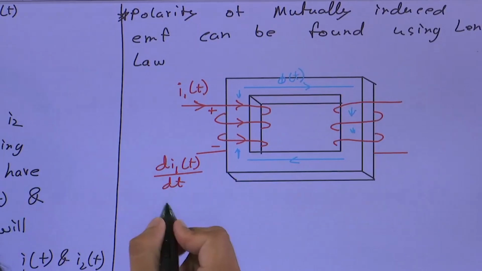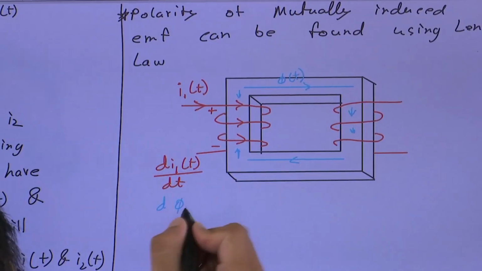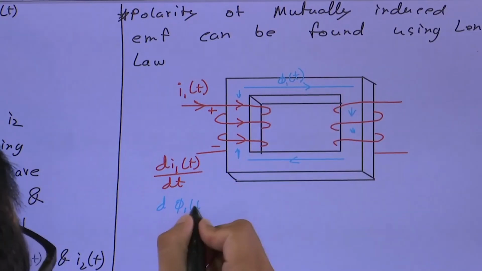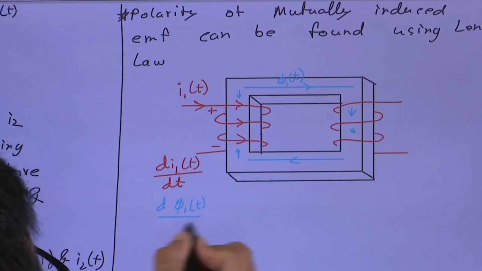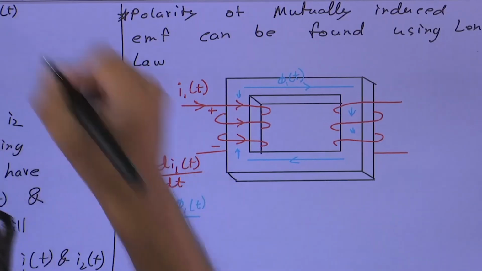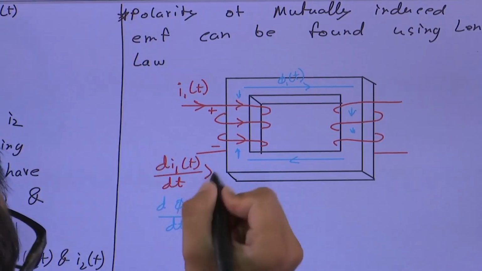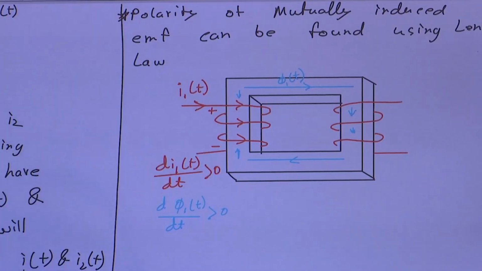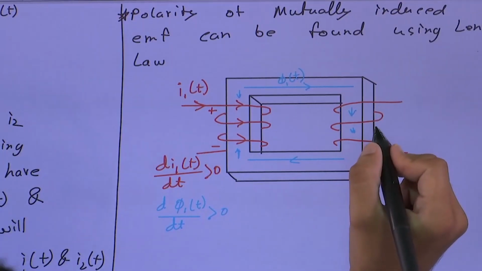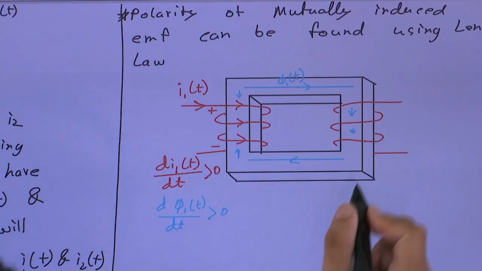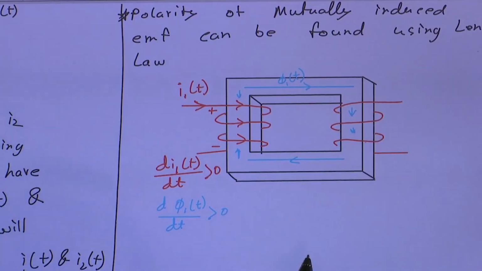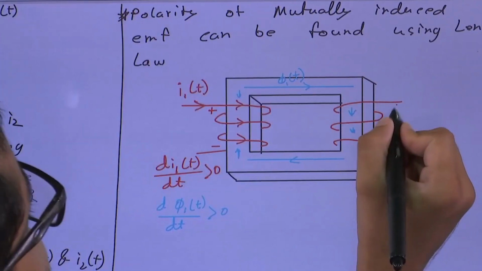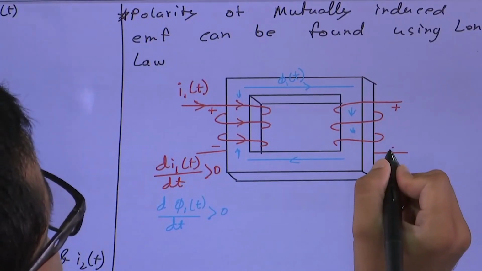Since i1 is increasing, d phi1/dt, you can call it phi1 because this is due to current 1, is also increasing. So we have assumed this to be greater than 0, therefore this is also greater than 0. I'm telling you the answer first: this side will be positive and this side will be negative.